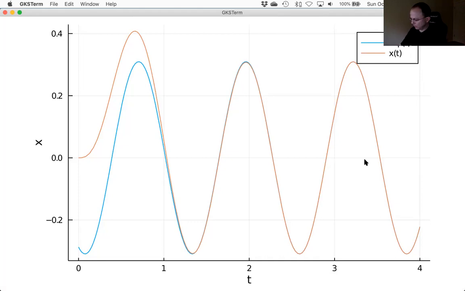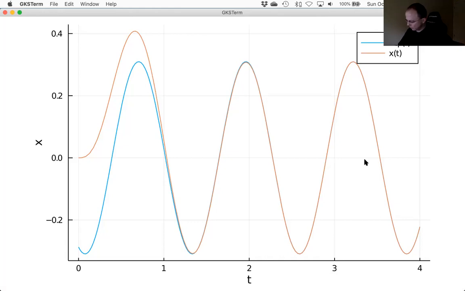So the circular frequency of the transient solution is 2, and the frequency of the steady periodic solution is 5.